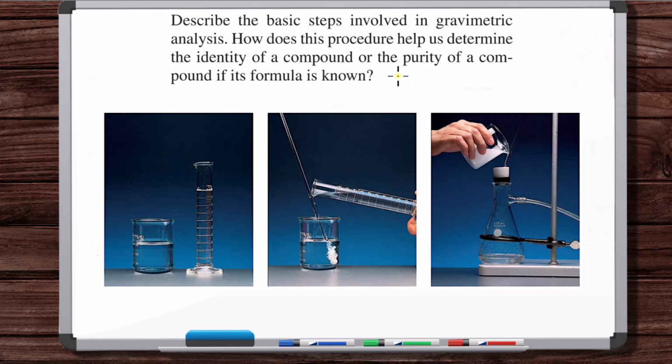But at the moment, let's just think about an unknown substance, unknown in the sense that we don't know anything about it, or maybe we know that it's composed of chlorine or barium, but that's all we know.